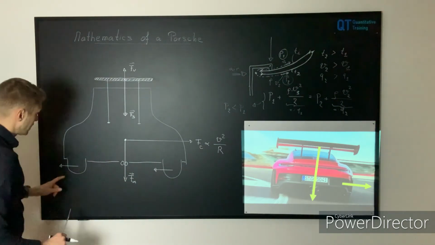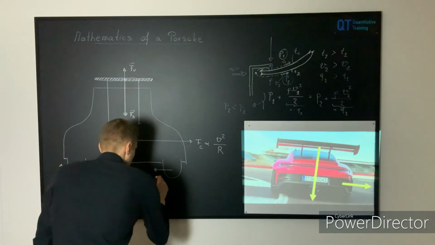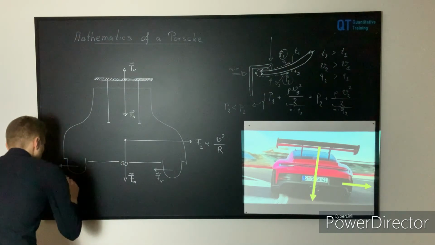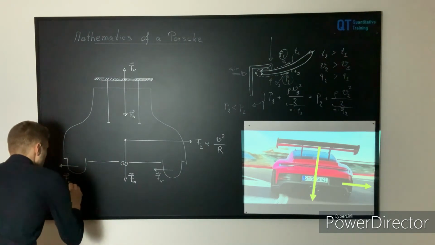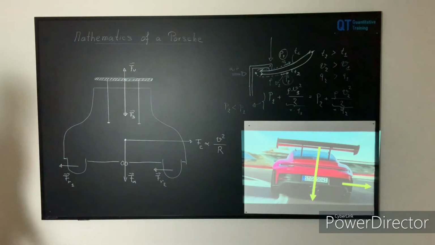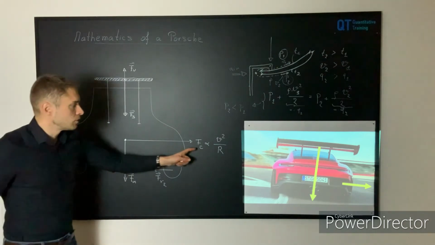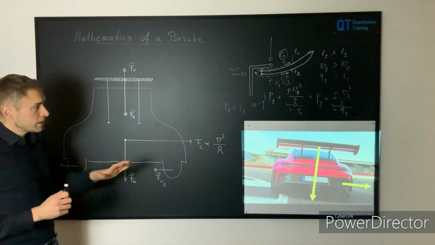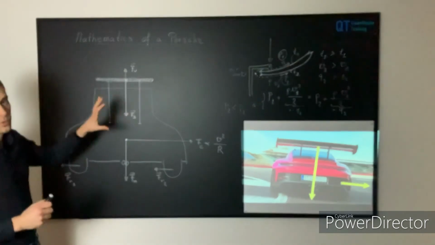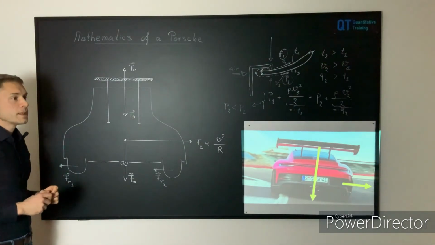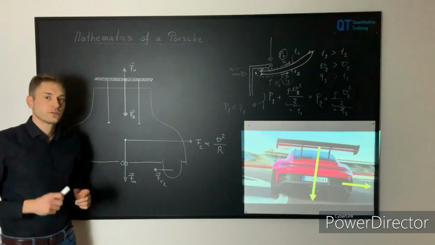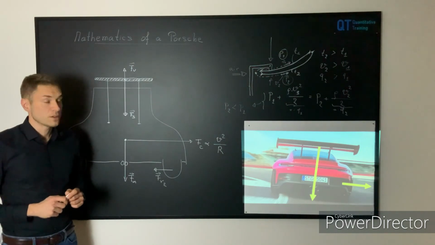Let's call these rubbing forces 1 and 2 for the second tire. With these additional rubbing forces, you are going to compensate the centrifugal force. So you understand that the additional force created by the rear spoiler of a Porsche actually helps to be faster and to take banked trajectories faster than without a rear spoiler.